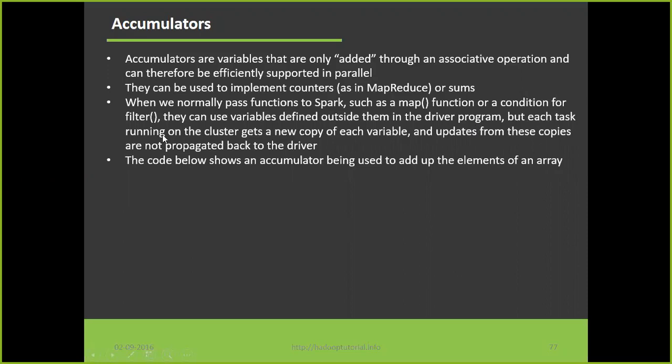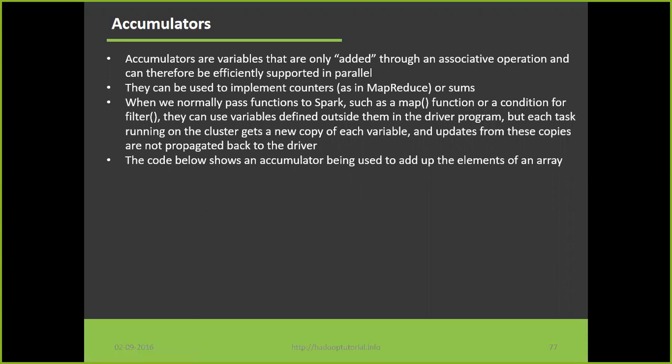But each task running on the cluster gets a new copy of each variable. Here, one more thing. In the previous slide, when I was telling you about broadcast variables, I told you that when a map function or a filter or anything that you are using uses the variables defined outside in the driver program, they will get a separate copy of each of these variables.